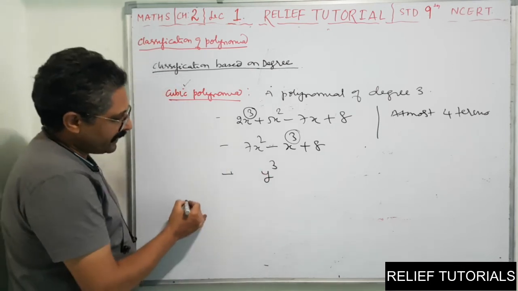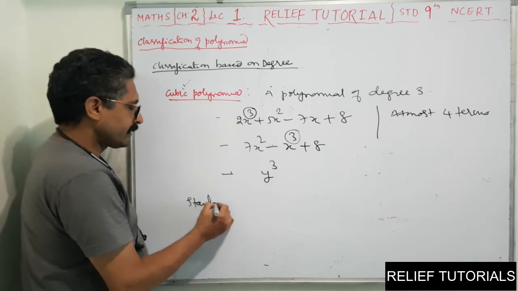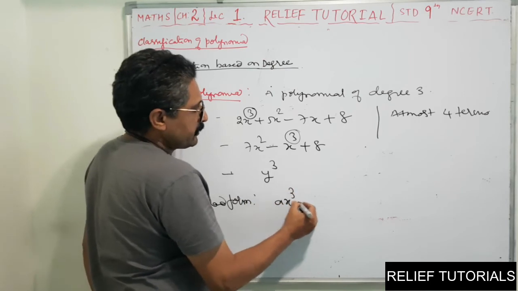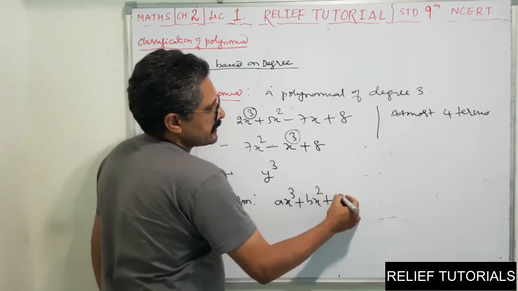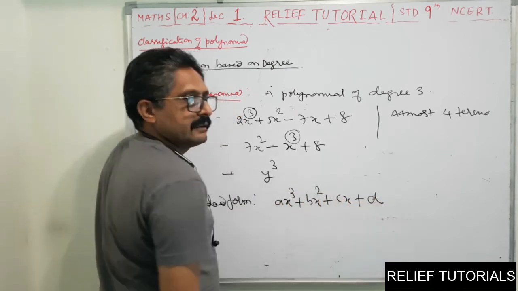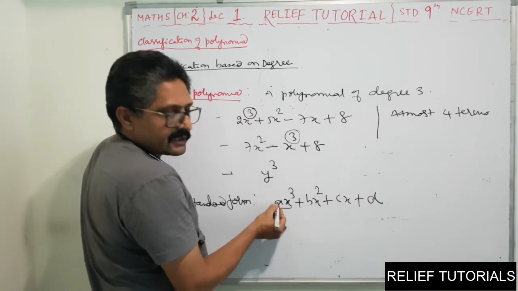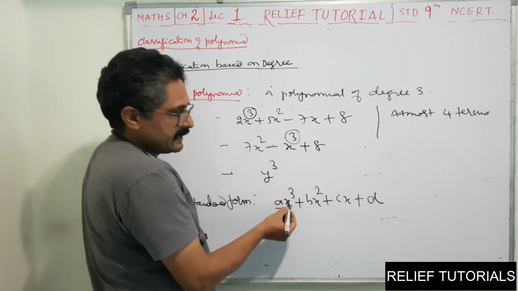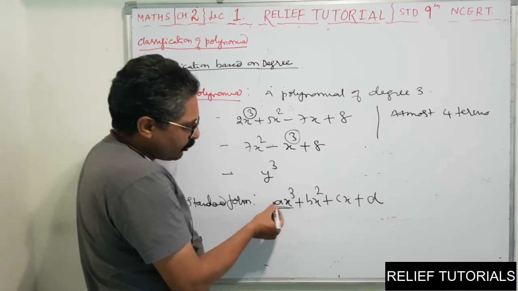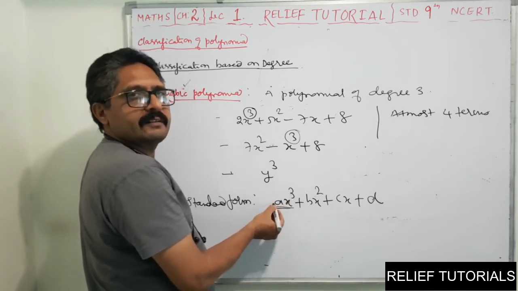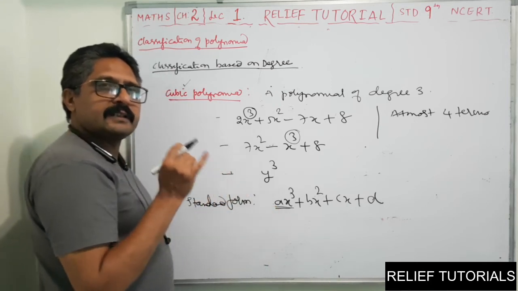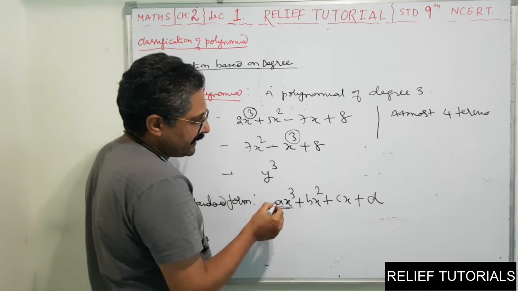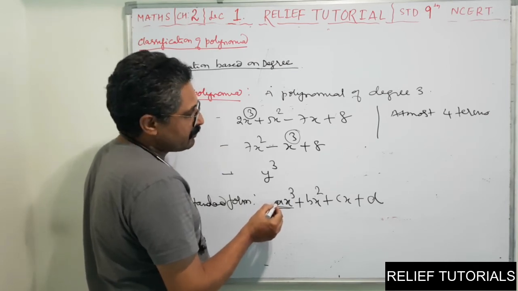So the standard form is ax cubed plus bx squared plus cx plus d. And this leading coefficient here, this is called leading. See, this is the term with highest power, and its coefficient is called the leading coefficient, and this should not be equal to 0.